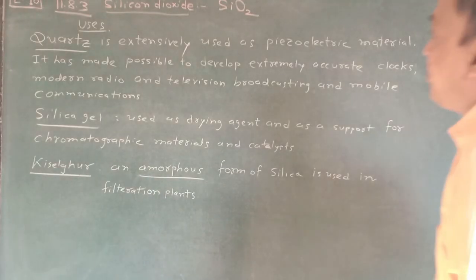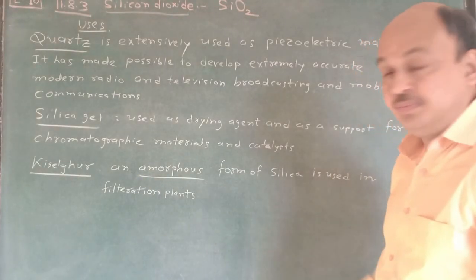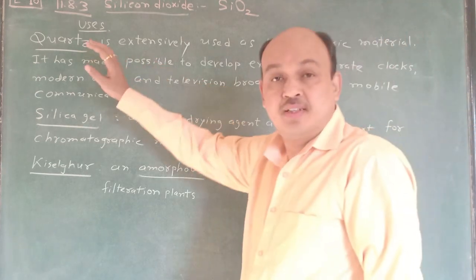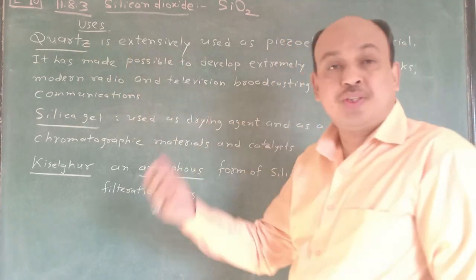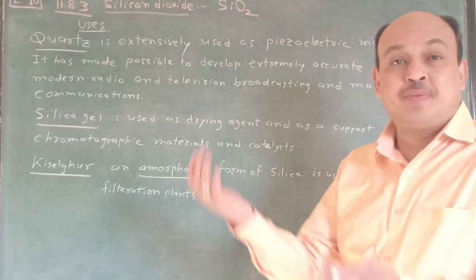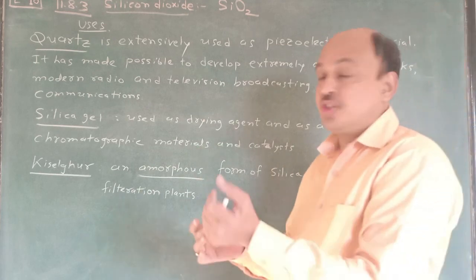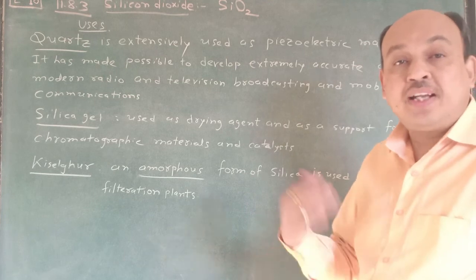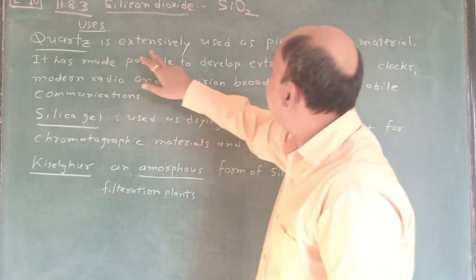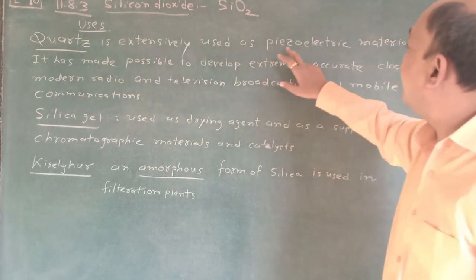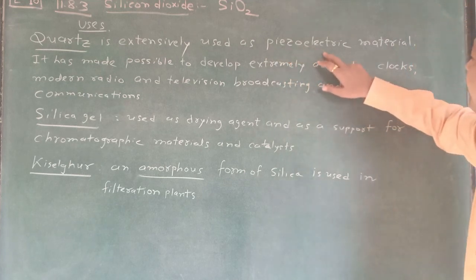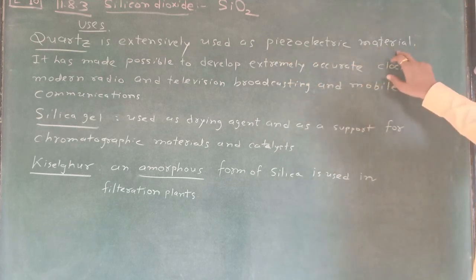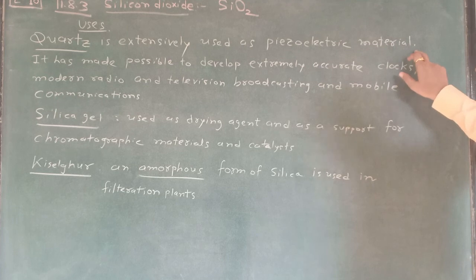Okay, now the uses of silicon dioxide in terms of quartz. Quartz is extensively used, and there is a quartz company also. They make watches, or say clocks, that give accurate time. Quartz is extensively used as a piezoelectric material. That means electric conduction is there. Due to semi-metals, it conducts electric current, and that's why we call it a piezoelectric material.